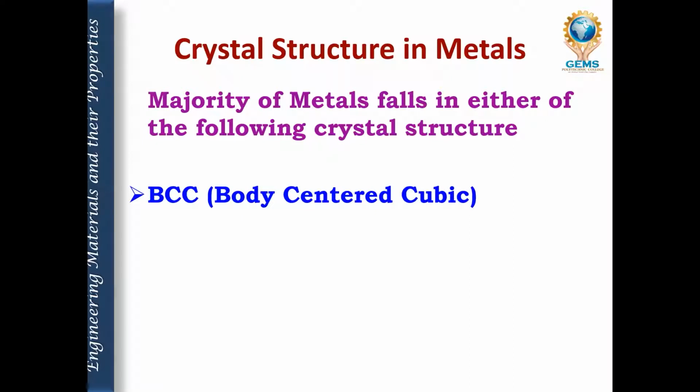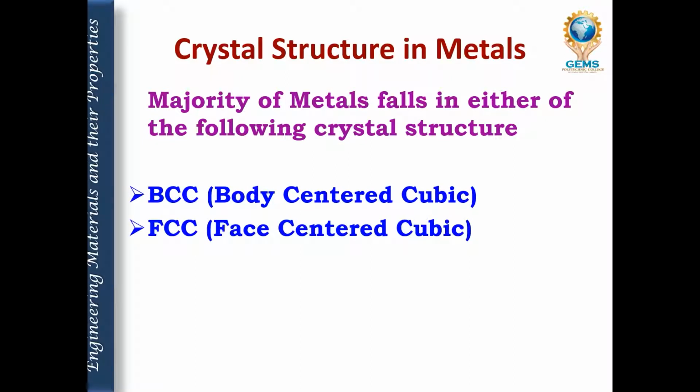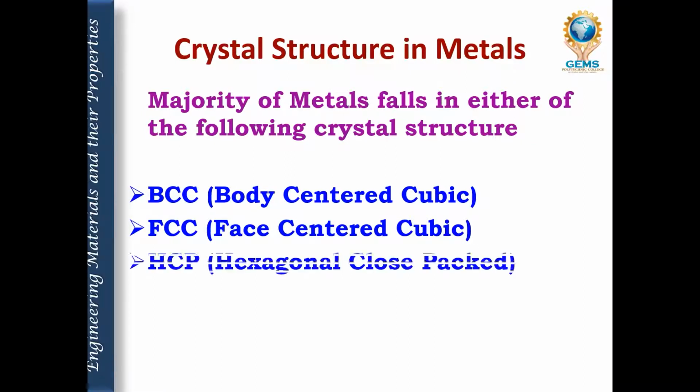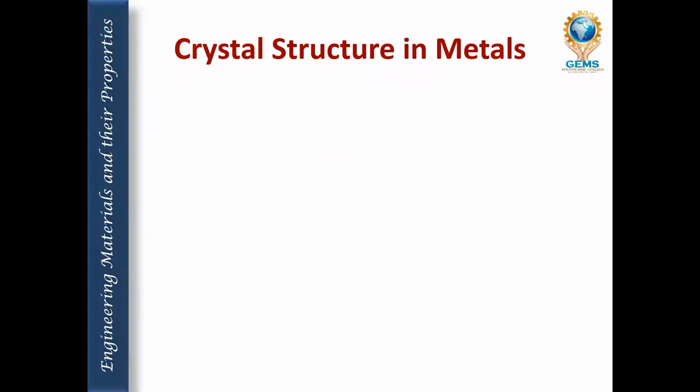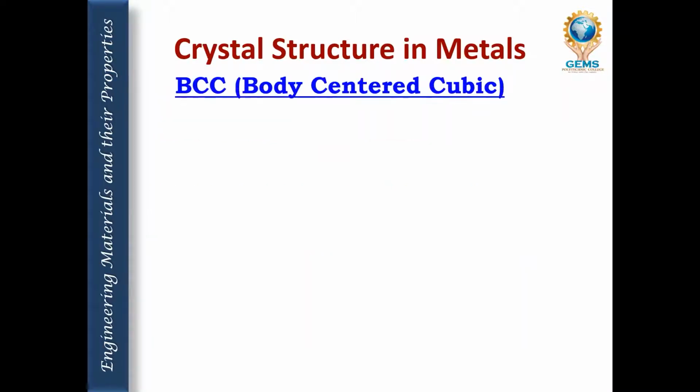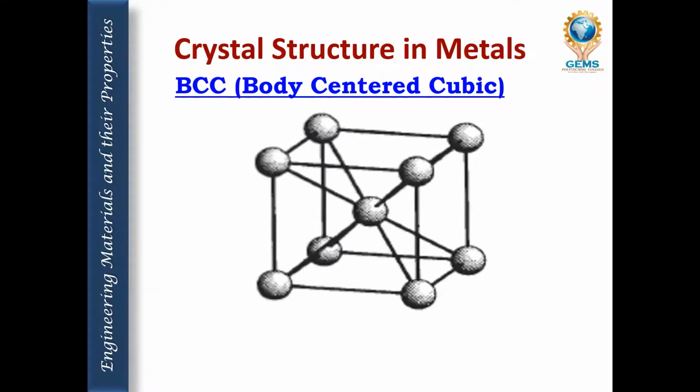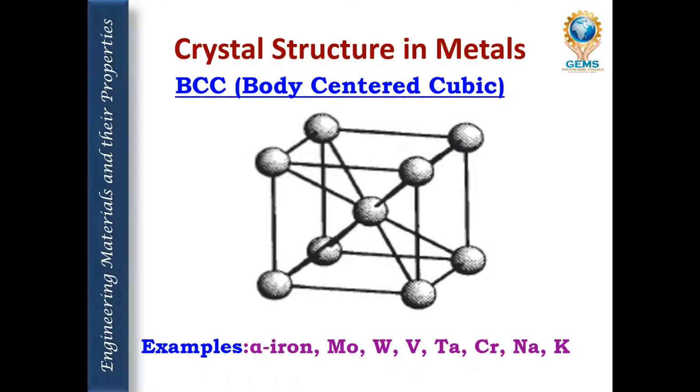It could be BCC, that is body centered cubic, FCC, face centered cubic, and HCP, hexagonal close packed. So these are the 3 types. First we are going to discuss the body centered cubic. This is the structure wherein you could see there are 8 corner atoms.